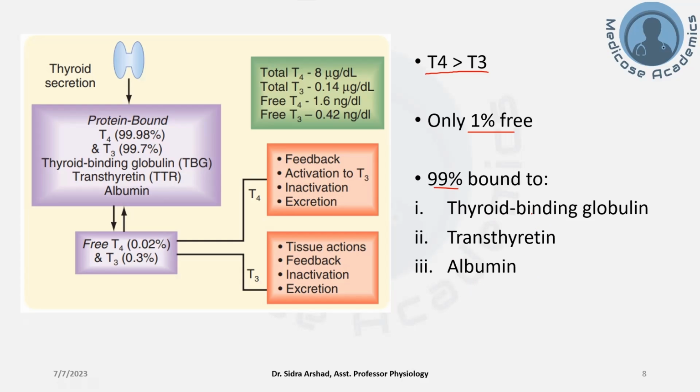Most of the thyroid hormones are bound to thyroid binding globulin. Some are bound to transthyretin and a very small amount to albumin. So this is how thyroid hormones are circulated in the blood. Only 1% free and 99% bound to these proteins.